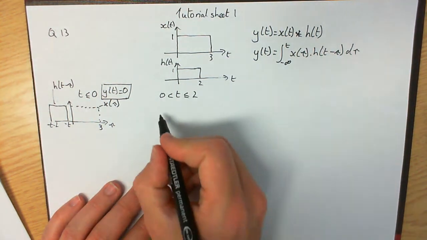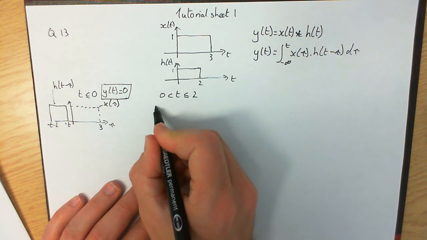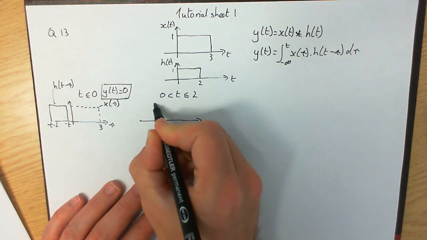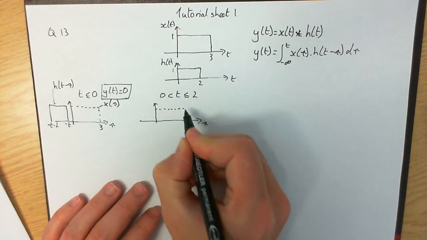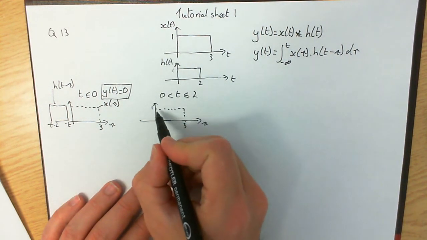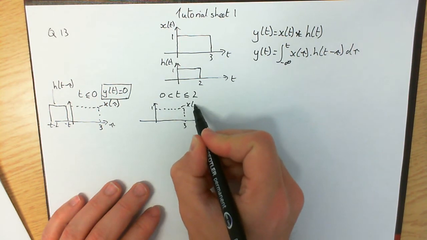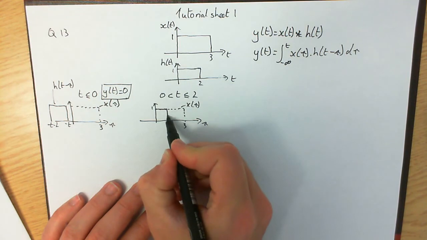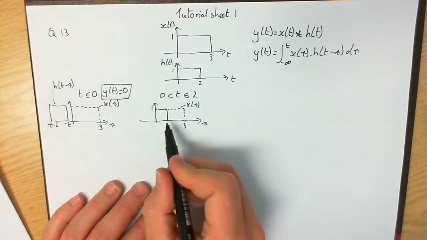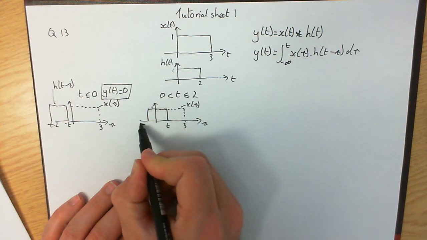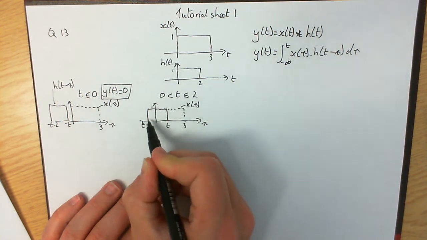And if we plot a graph of what this looks like, so that's x of tau still. Now our function, which has a leading edge at t, has a trailing edge still of t minus 2.